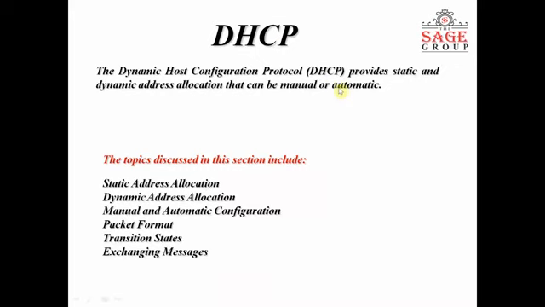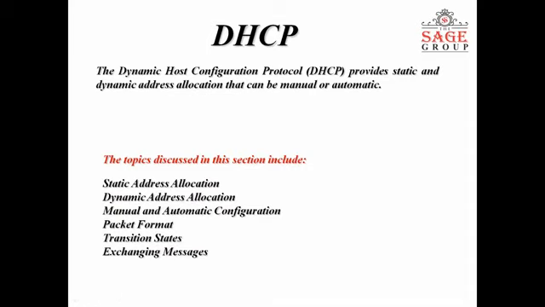In the automatic way, the server provides that IP to the client systems. In this topic, we will learn how static addresses are allocated, how dynamic addresses are allocated, manual and automatic configuration of the protocol, what the packet format for DHCP is, how transition states work, and how messages can be accessed.